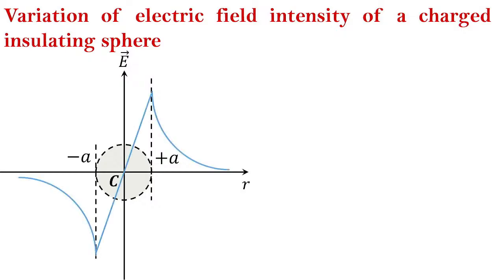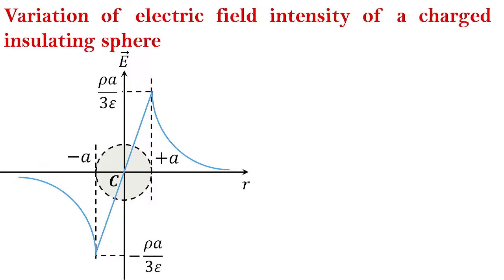This one. So we have drawn this, right? Can you remember, we drew this. This is for what kind of sphere? Insulating sphere. So when you look at the insulating sphere, you can see there is an electric field at the center.